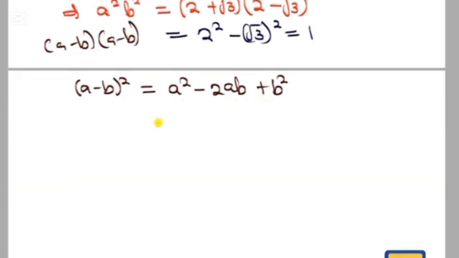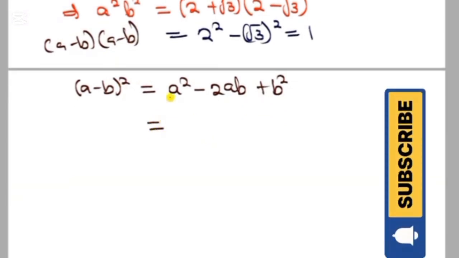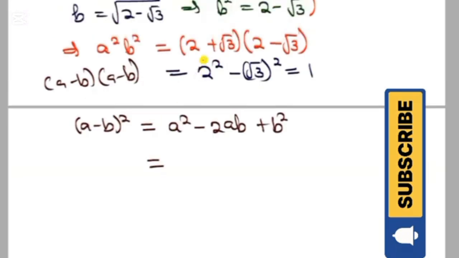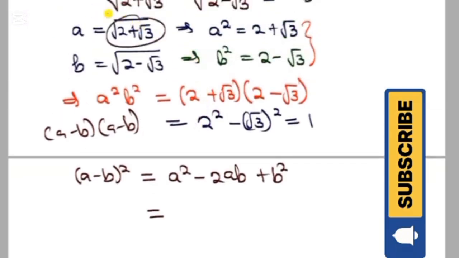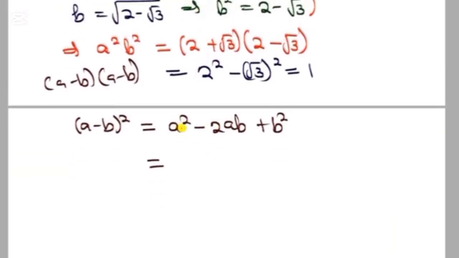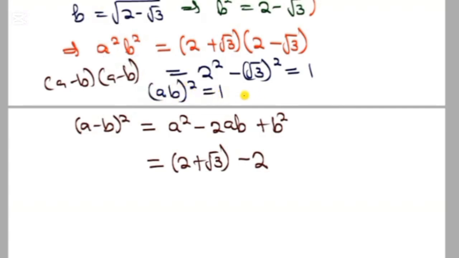Okay, so let's now try to substitute what we have. Now, remember, our a is this guy here. If we take the square of it, we will simply get 2 plus the root of 3, and then minus 2 into, meanwhile we have gotten our ab now. And how did we do that? Recall that we got a squared b squared, which is the same thing as ab squared, equal to 1.